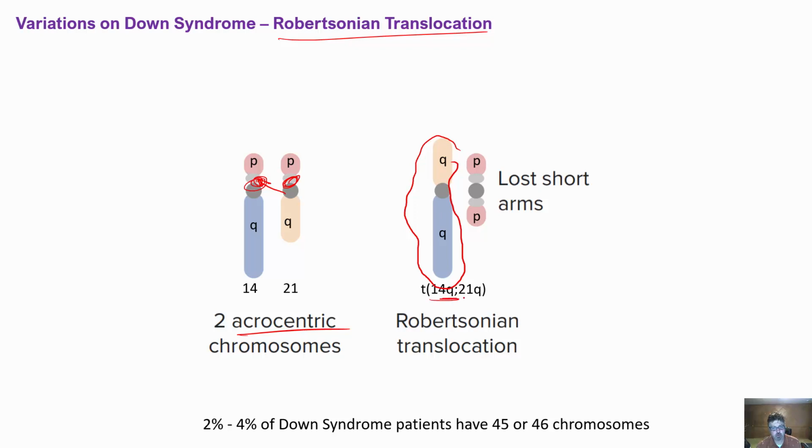This is usually between chromosome 14 and 21. The P arm, this little guy, that'll typically be lost. So we usually eject such a small piece, it's not even taken up by the cell usually. But now you have basically 2 copies of that Q arm from chromosome 21, and so this can also result in Down syndrome. Now, interestingly enough, you could have the same number of chromosomes, right?